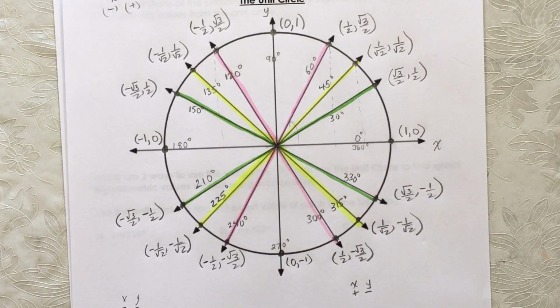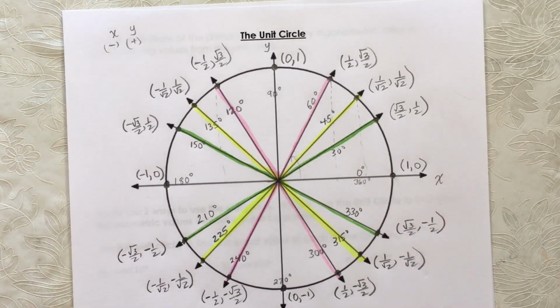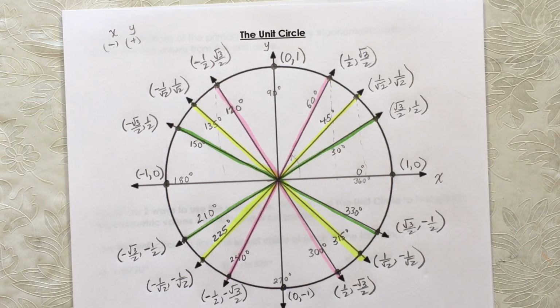So normally when we're in school, I would have a quiz and a couple of days where I just give you a blank unit circle and you have to put in every one of these angles between 0 and 360, and every ordered pair on the unit circle.